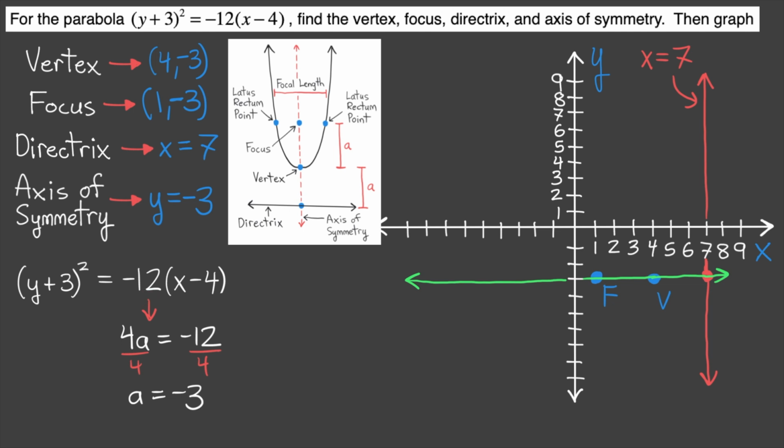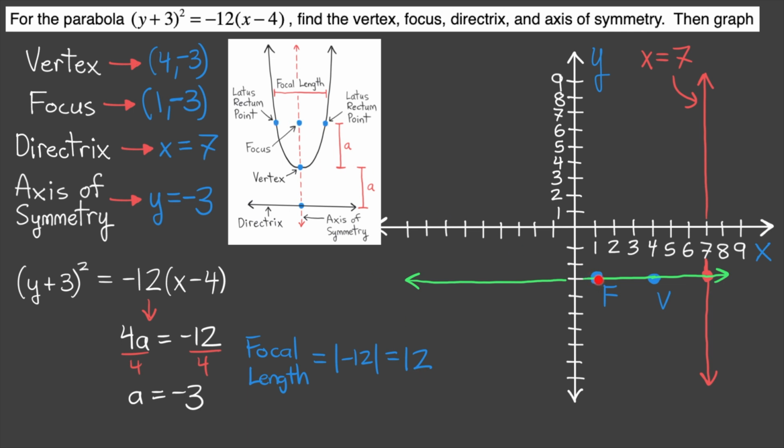So I will write here the focal length is going to equal the absolute value of negative 12, which just equals 12. So there's our focal length.